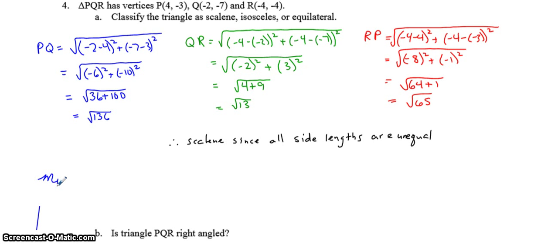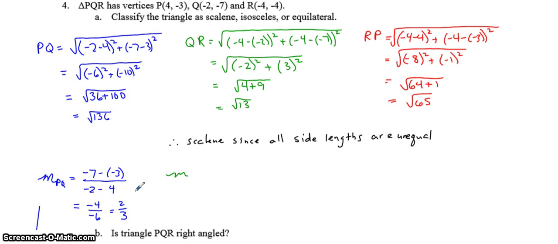So the slope of PQ is y2 minus y1 over x2 minus x1. And that becomes -4 over -6, which is 2/3 in lowest terms.